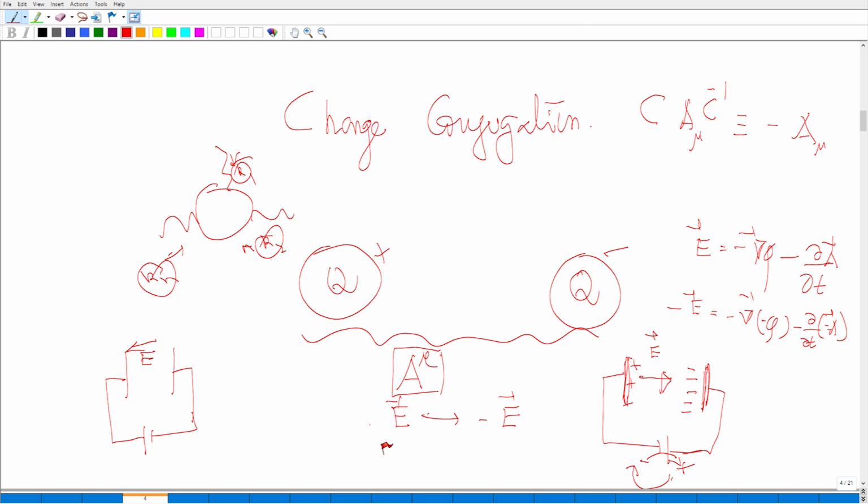Now, this operation of charge conjugation that we have just described holds good whether k is tending to 0 or k is tending to infinity.